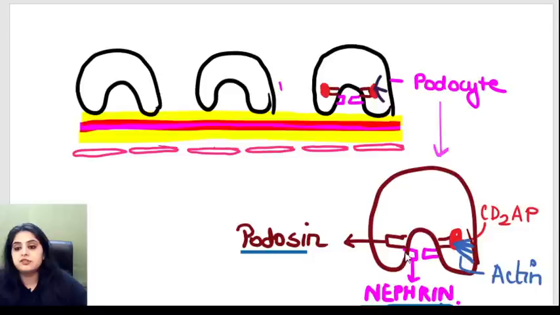So nephrin is outside, podocin is inside. That is attached to a molecule called CD2 associated protein, CD2AP, and that is attached to a molecule called actin. So repeat, on the outside projecting there's nephrin, then inner side there is podocin attached to CD2 associated protein and thereby attached to actin. So that makes one entire visceral epithelial cell.